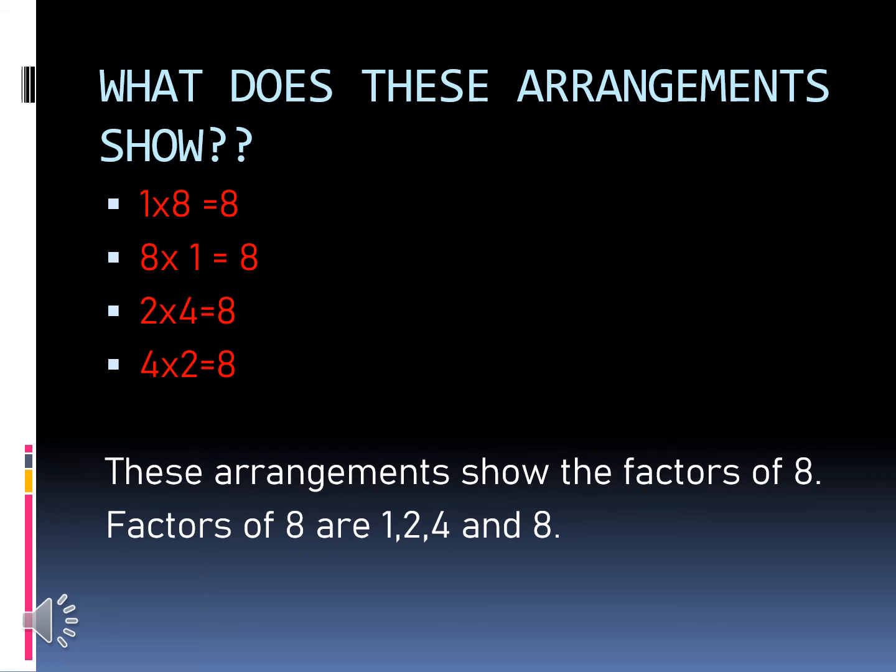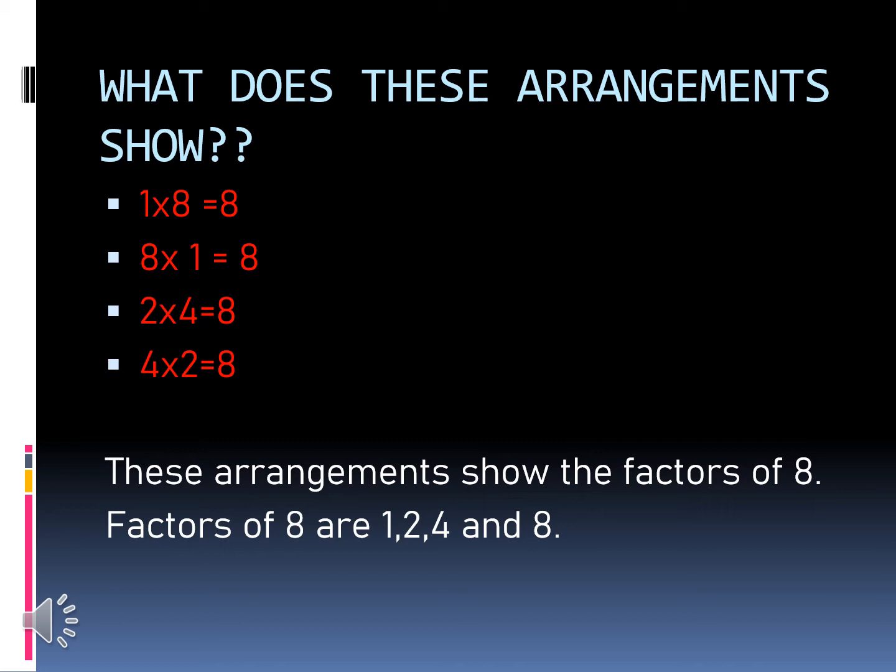Now if you see carefully, 1 exactly divides 8, 2 exactly divides 8, 4 exactly divides 8 and 8 itself exactly divides 8. So these arrangements show the factors of 8, right? So factors of 8 are 1, 2, 4 and 8. There is none other number which exactly divides 8. So these all are the possible factors.